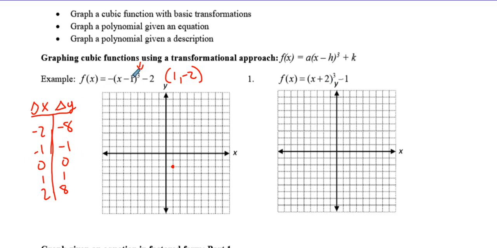Now, again, our key point is going to be 1, negative 2. And here we see that it's been reflected, which changes our y values. So we'll just change the sign of all of those y values. And then we'll go back here, move back 1, up 1, back 2, up 8.